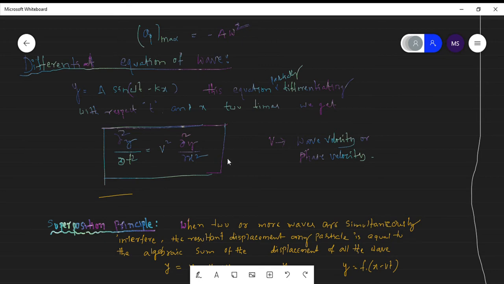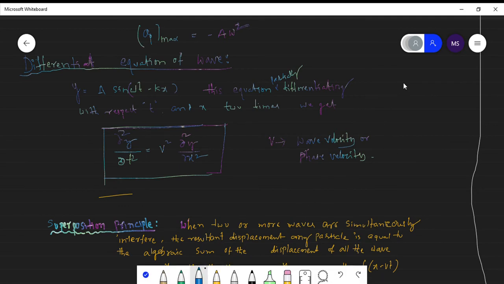So if any wave equation is given like this, for example y is equal to some function of something, is it a traveling wave or not?